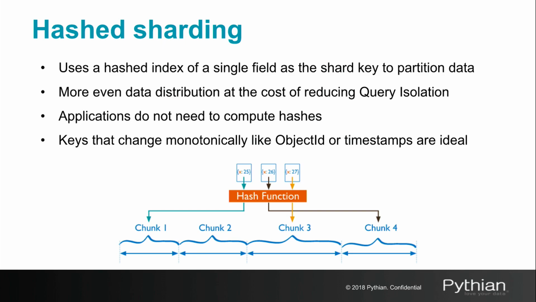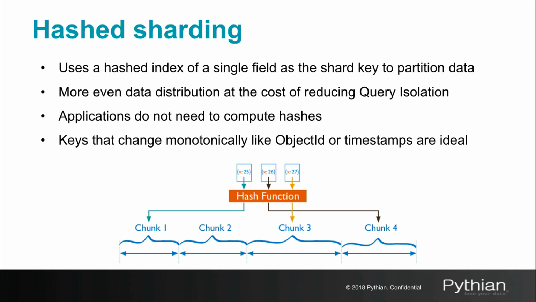With a hashed function, our application does not need to calculate the hash values. That's done within the database layer, and then based on the hash value, the document will be stored into a particular chunk. As we can see from this example, documents with a close shard key value may end up in different chunks.